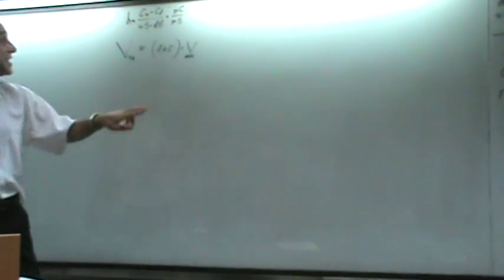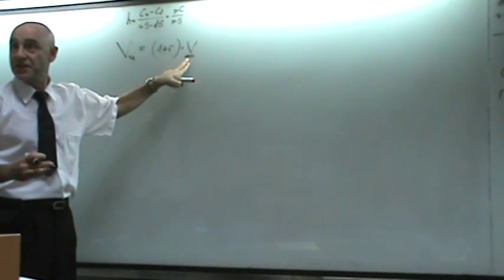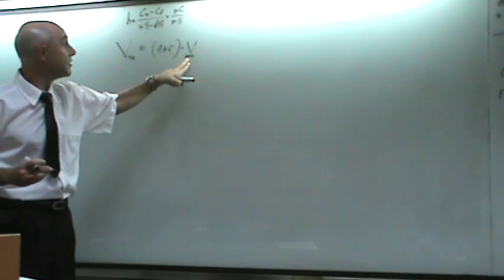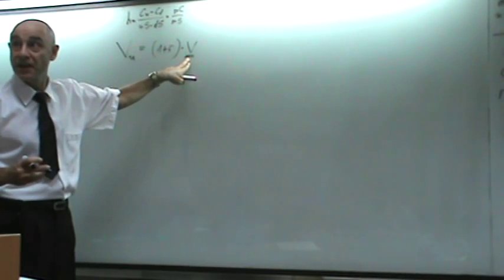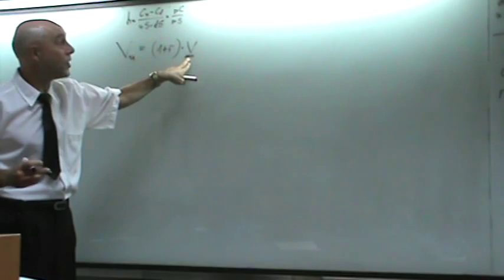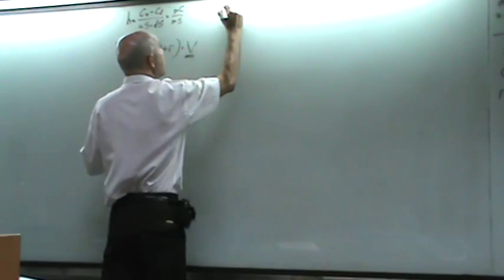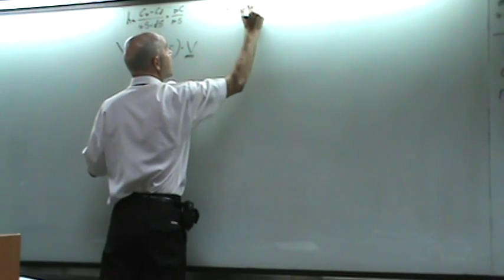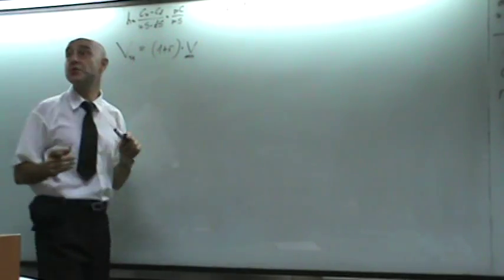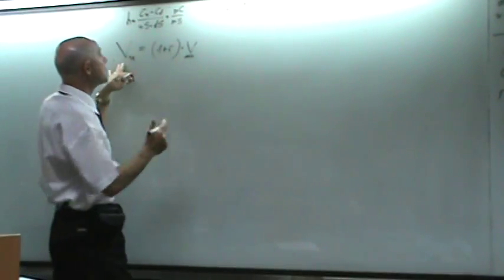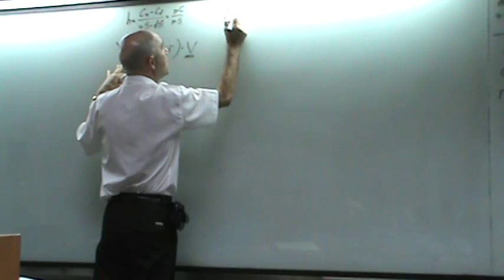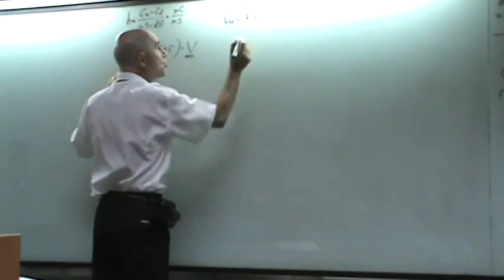So this is the present value of the hedge portfolio, and this one, the VU, is the future value of the hedge portfolio. Okay?